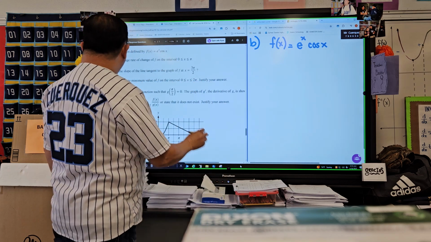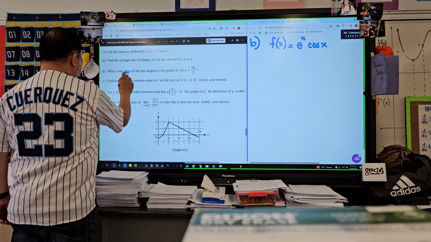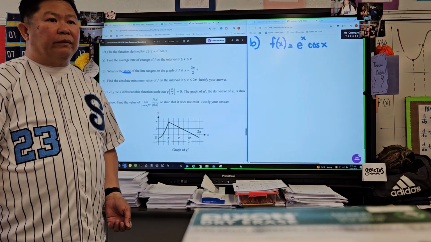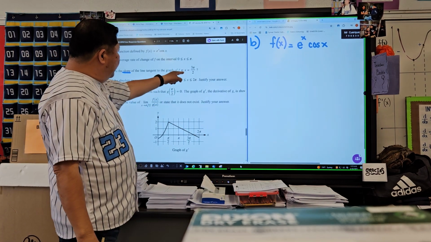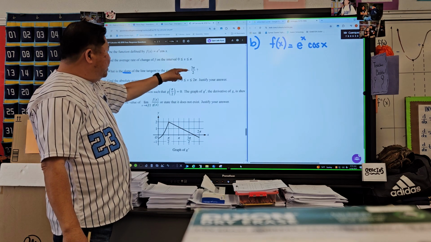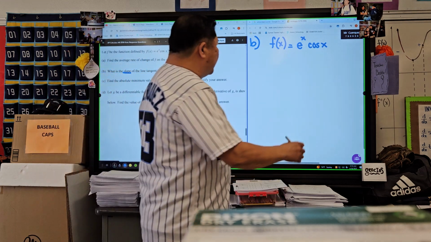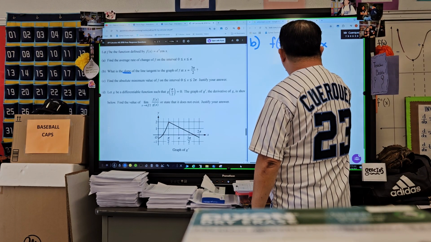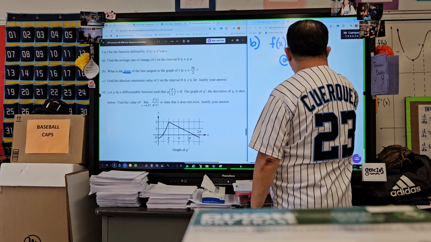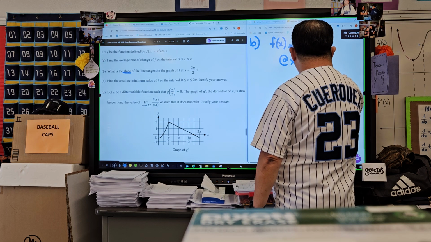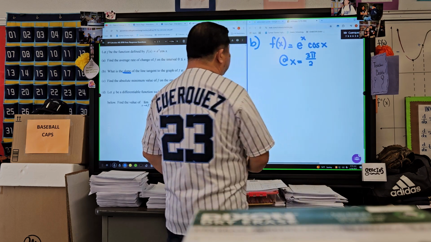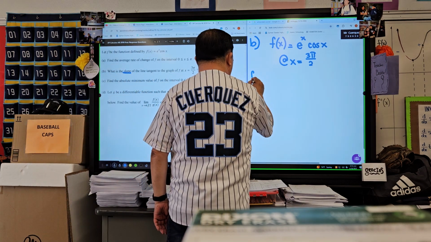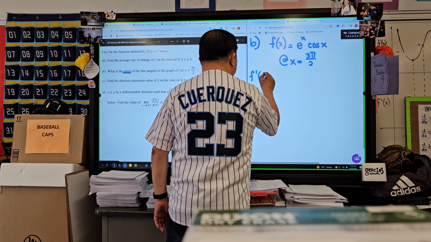So what is your idea about slope? Slope means derivative, right? So we take the derivative, and this is to be evaluated at x is equal to 3 pi over 2. So we take now f prime of x.